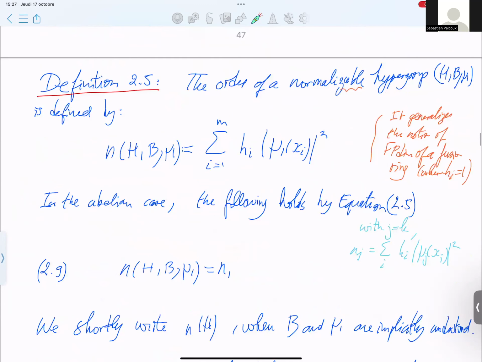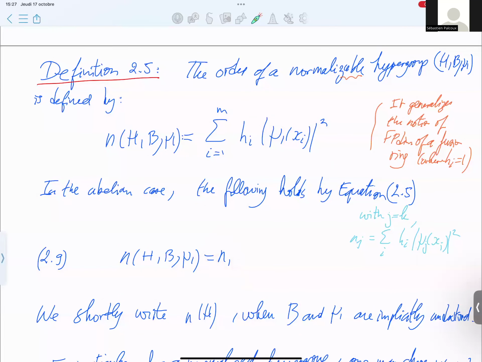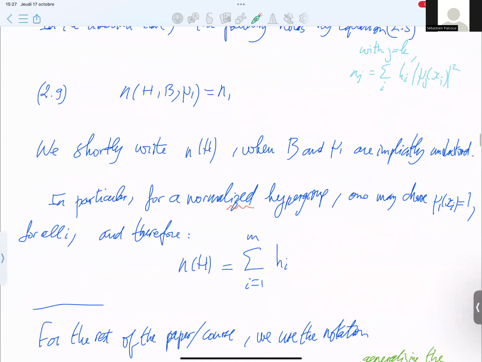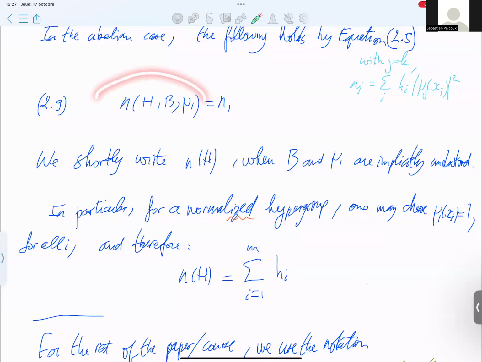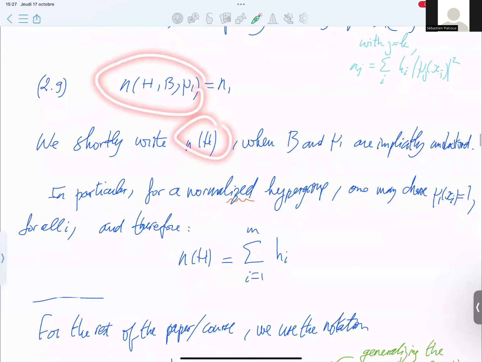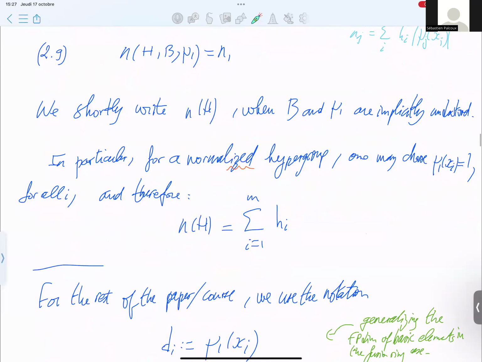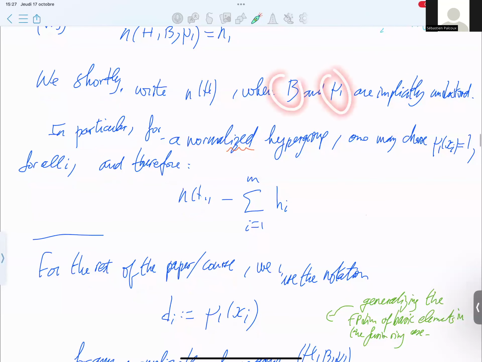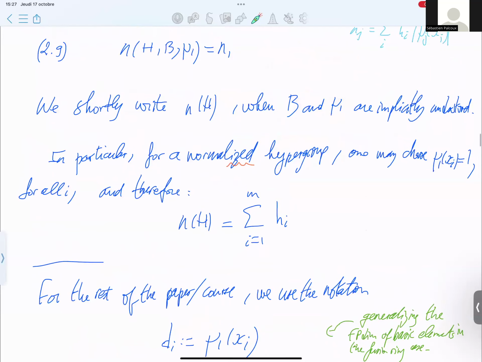Exactly as when you are in a fusion ring, the first column of the character table, its square norm is exactly the Frobenius-Perron dimension, and this is the first formal codegree. So this notation will be simplified like that when the basis and the linear character are implicitly understood.